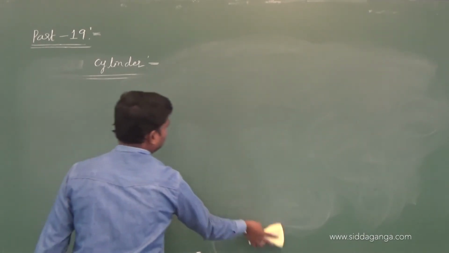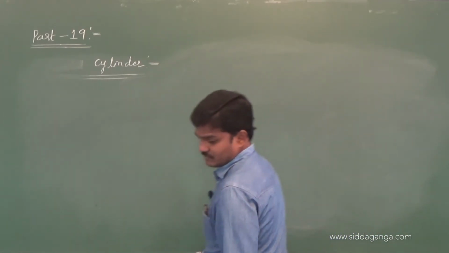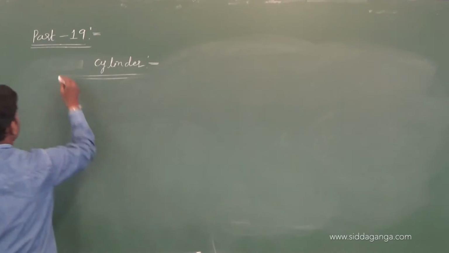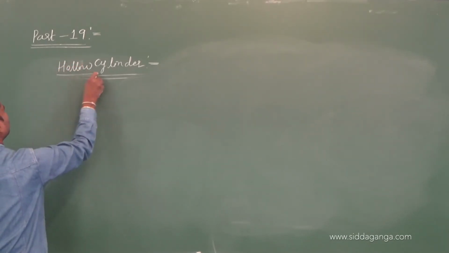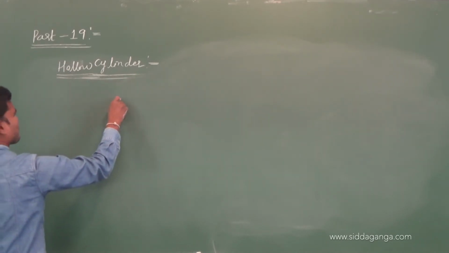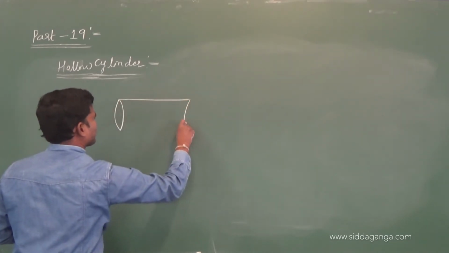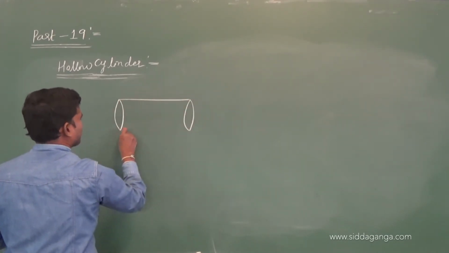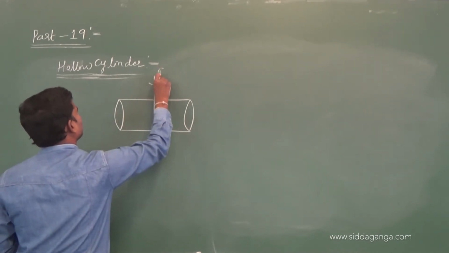So write down the next heading, moment of inertia of a hollow cylinder whose radius is r, whose mass is m. I am finding it about this axis.